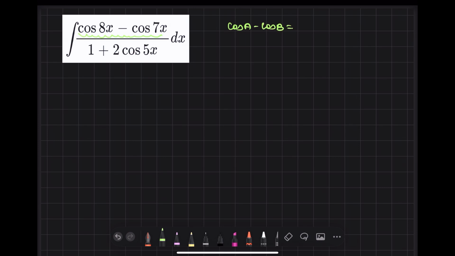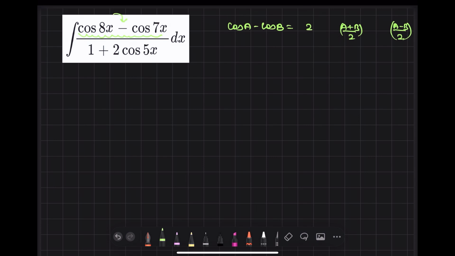You know that in every part you have 2, then in every part you have (A plus B) by 2 and (A minus B) by 2. Now this is minus.